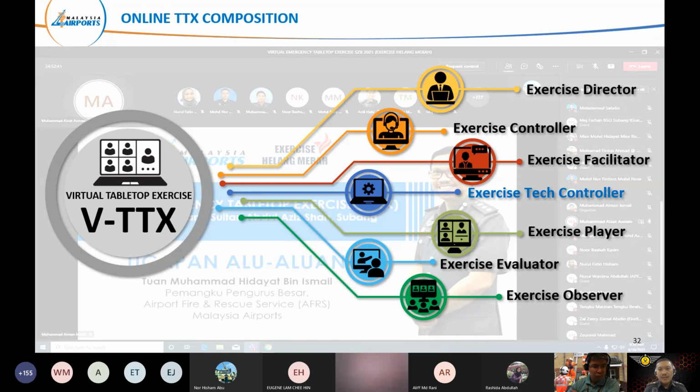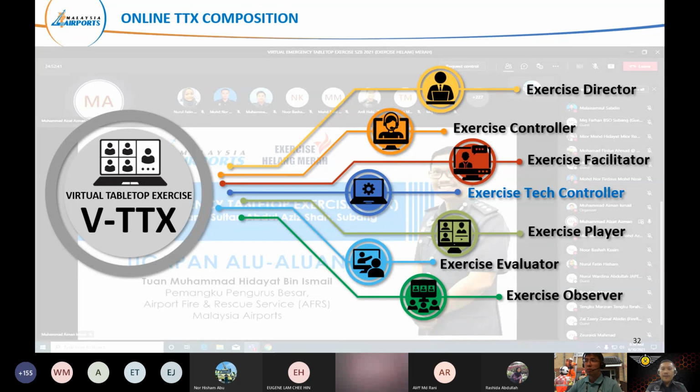Another role is the exercise evaluator. The exercise evaluator will evaluate the process of the tabletop exercise. They will give their inputs or feedback at the end of the exercise, not during the exercise.